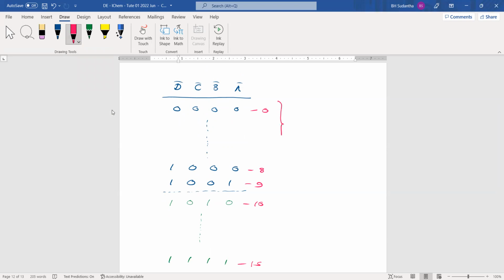Up to 9, we can display from 0 to 9. Okay, but after this one, we don't have meaningful digits.